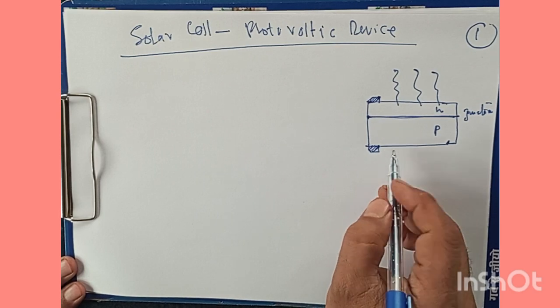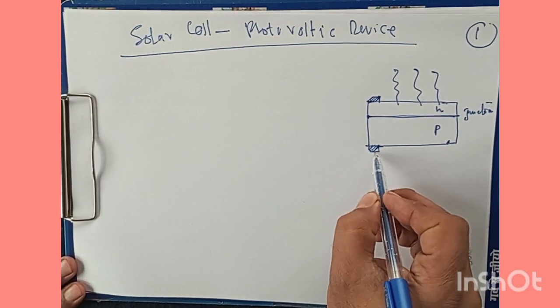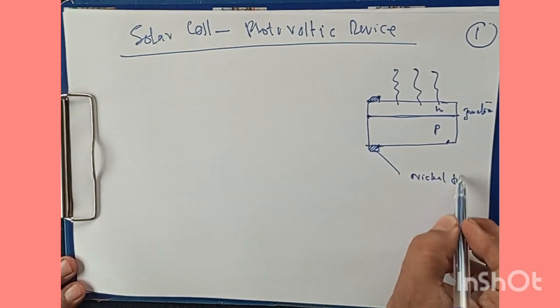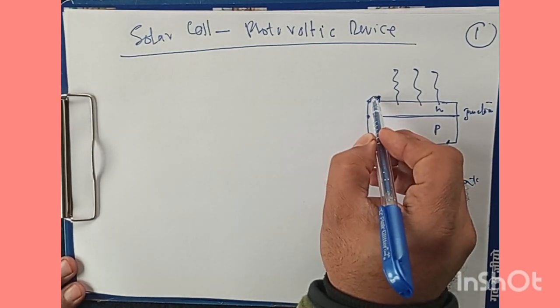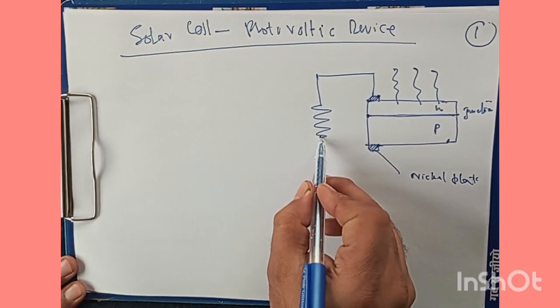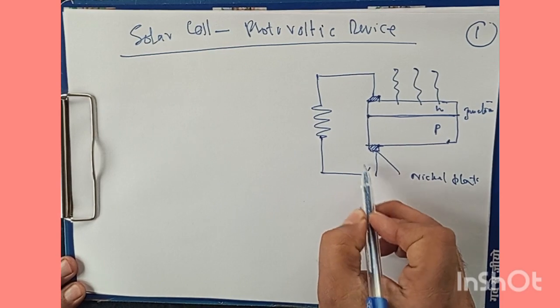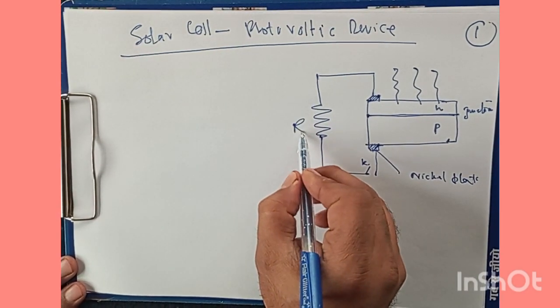So here we have this nickel plate, right? And then from here we take a contact and we connect it with the external resistance R. Can have a key here. So this is my load resistance.